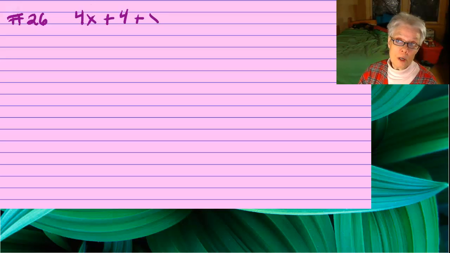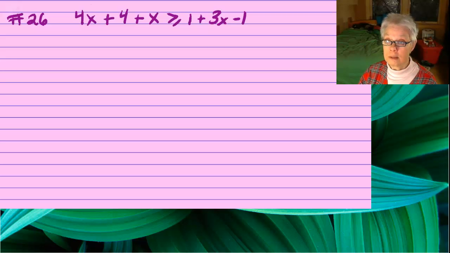4x plus 4 plus x is greater than or equal to 1 plus 3x minus 1. Now, combine like terms just like you would if you were solving an equation.